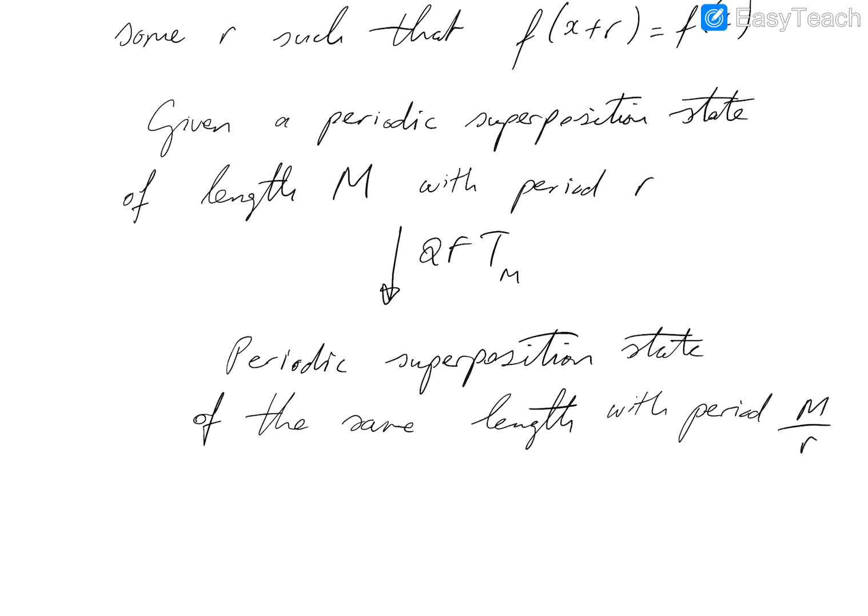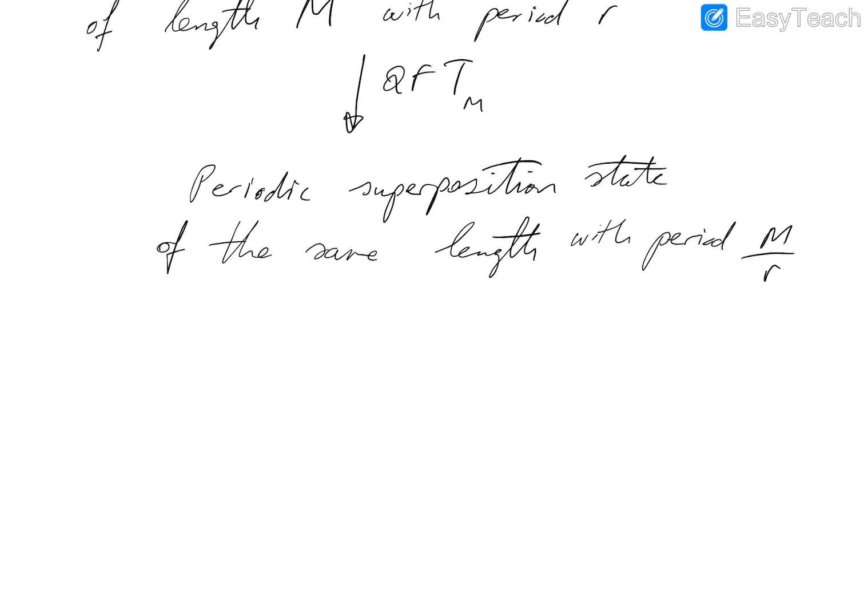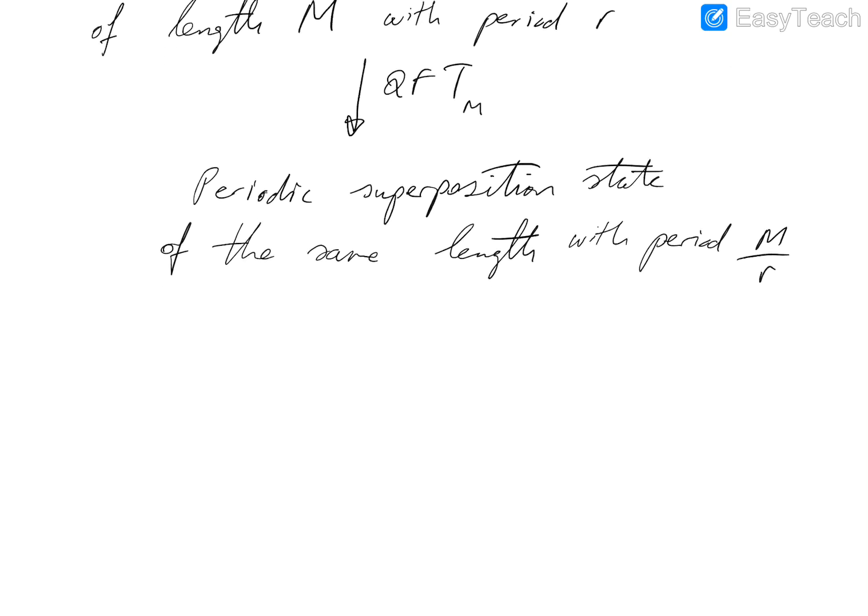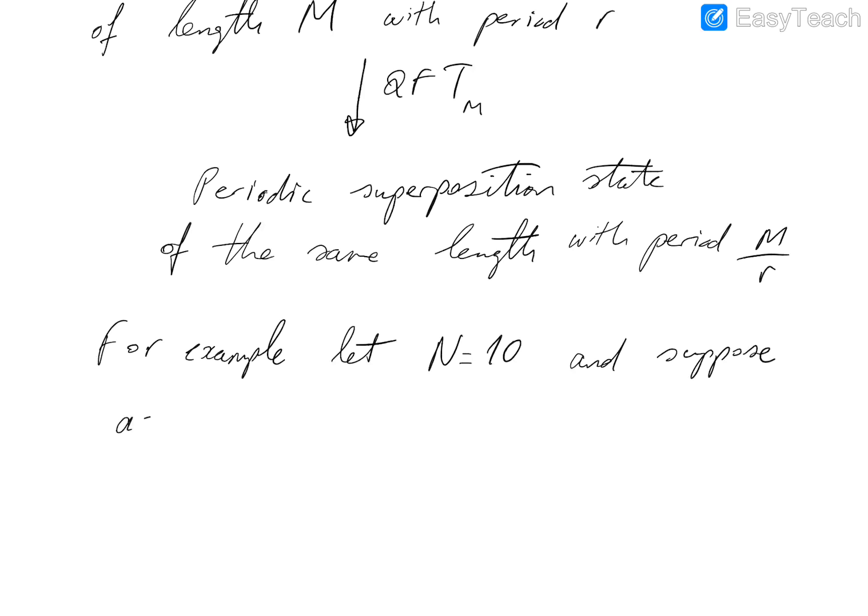So let me give an example of a periodic state to understand much better. Suppose, for instance, that n is equal to 10, and suppose that a is equal to 3.